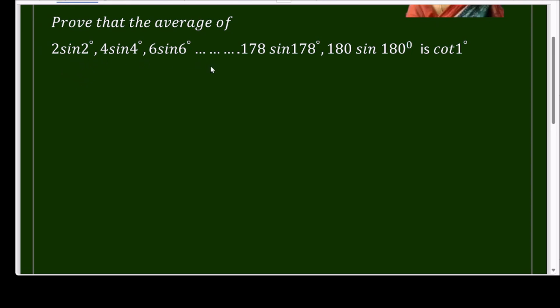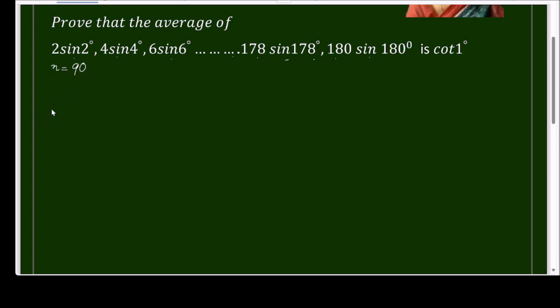So we know the mean and average. How many terms are there? 1, 2, 3, 4 up to 90 terms. The terms are 2 degree, 4 degree, 6 degree up to 180 degree, so there will be 90 terms. So n is equal to 90 here.